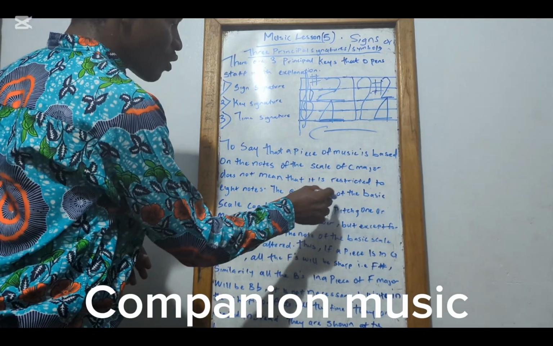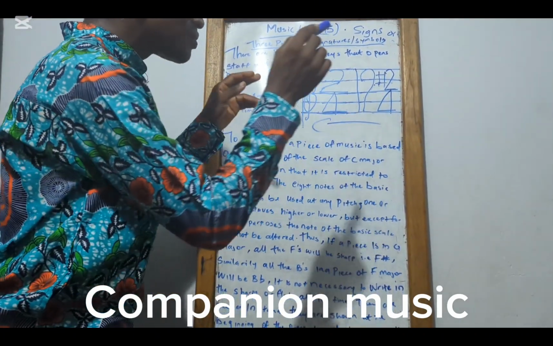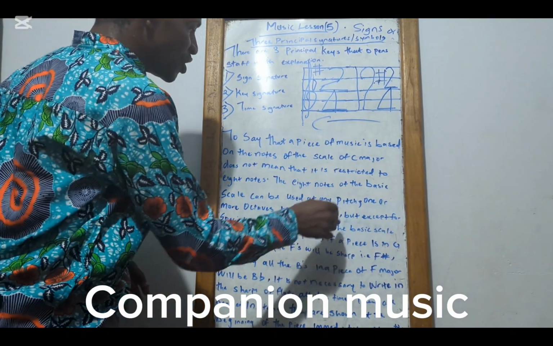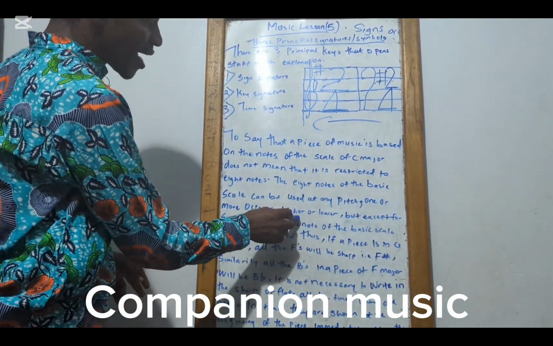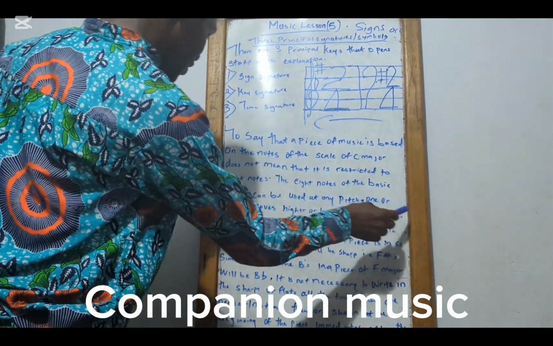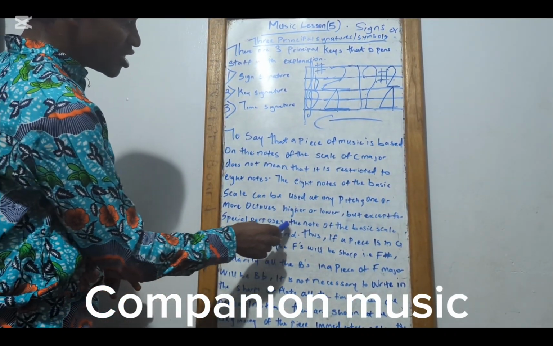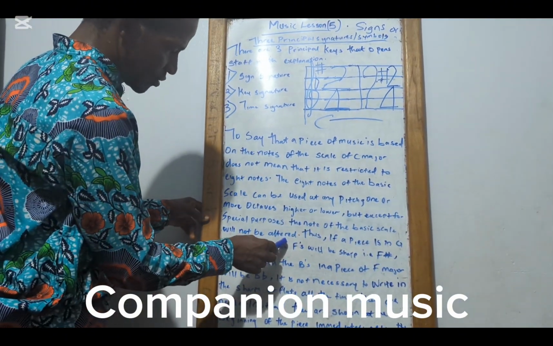The 8th note of the basic scale can be used at any pitch, one or more octaves higher or lower. But except for special purposes, the notes of the basic scale will not be altered.